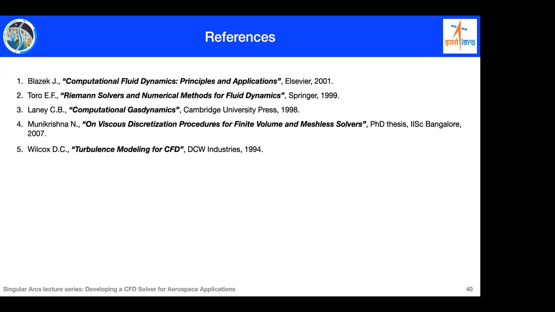Toro is actually a book only on flux computation schemes. So it has Roe, HLLC, AUSM and all such things. And it gives the background for how the scheme is developed, how it is used and all such things. Lani is a general book, which I found better for stability, accuracy, and consistency analysis and other analysis.